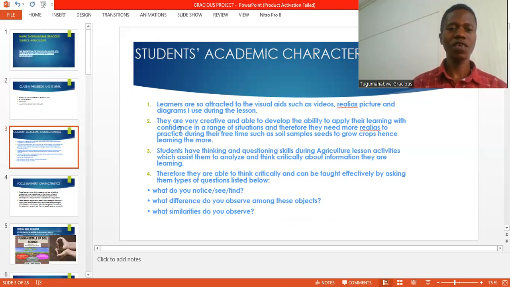Second, they are very creative and able to apply their learning with confidence in a range of situations. They also have thinking and questioning skills during agriculture lesson activities, which assist them to analyze and think critically about the information they are learning.